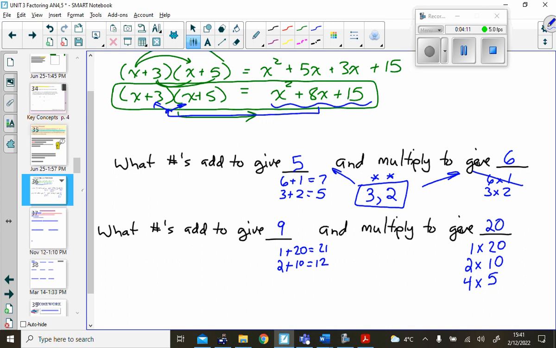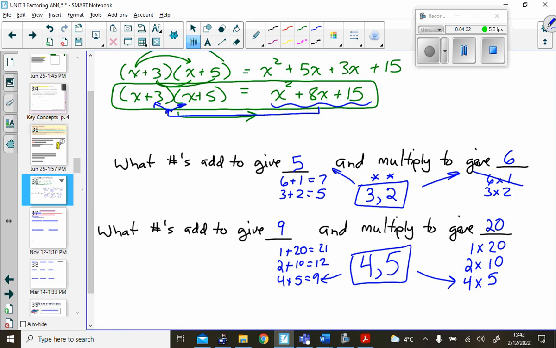That's no good. But 4 and 5 adds to give 9. So the numbers 4 and 5 multiply to give 20 and add to give 9.